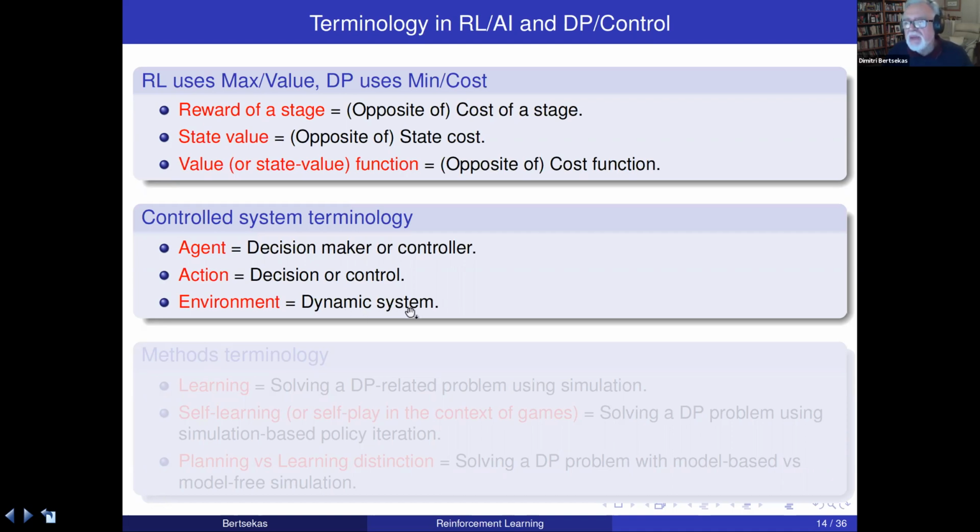This is called the dynamic system, or the system. In reinforcement learning, this is called the environment. It took me quite a long time to get used to this difference, but you'll find environment almost universally in reinforcement learning papers, and you should be aware that it relates to a dynamic system.